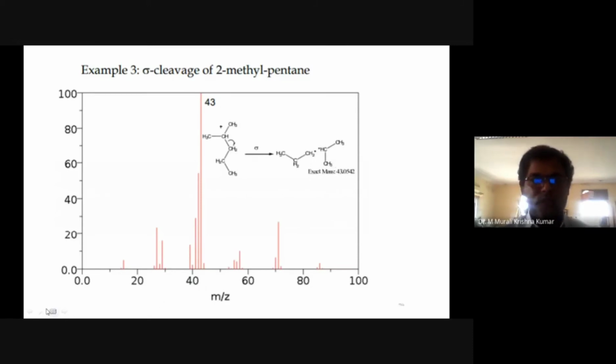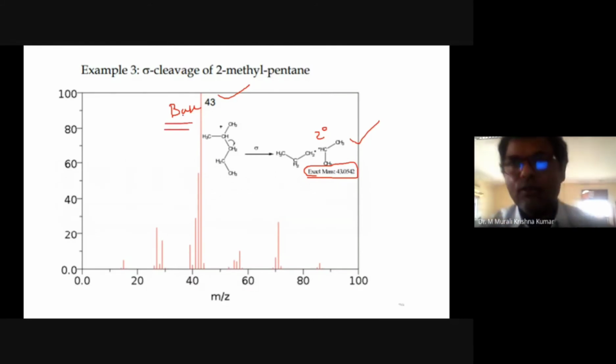But if you see clearly, this is a secondary carbocation, and it is of high stability. So here you can see 43 is the base peak. In most cases, we have to try various options to understand the fragmentation pattern of any chemical moiety. Many permutations and combinations are needed.